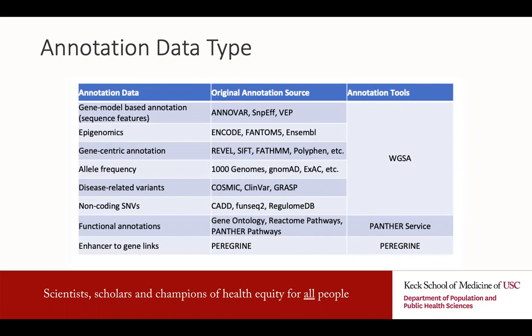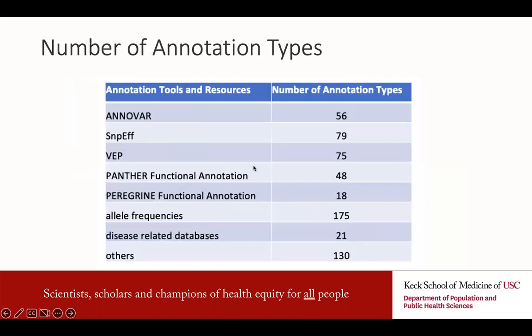Okay. And here is the number of annotation types for each of those tools. For example, if you use ANNOVAR, it will give you 56 different types of annotations. It will give you gene annotation, effect, cDNA transcripts, a lot of different annotations, even gene ontology, which is added by PANTHER Service.